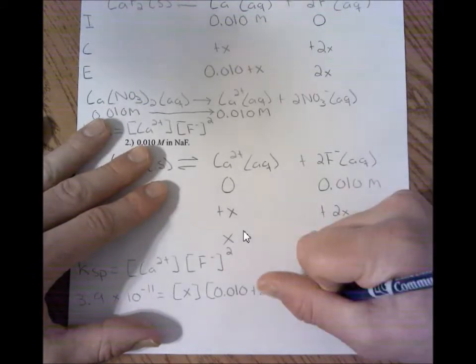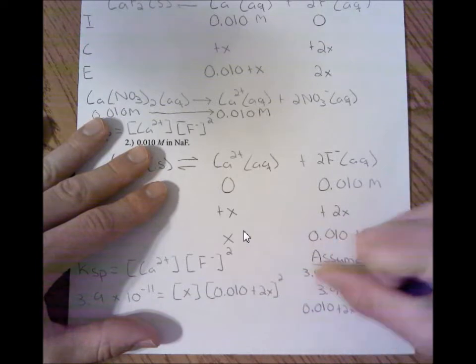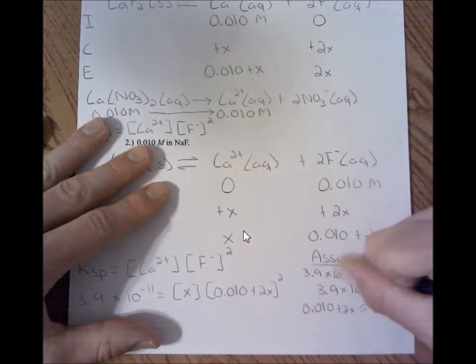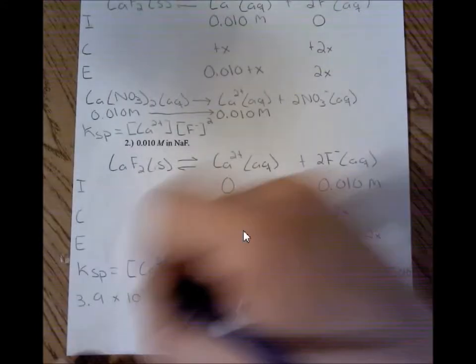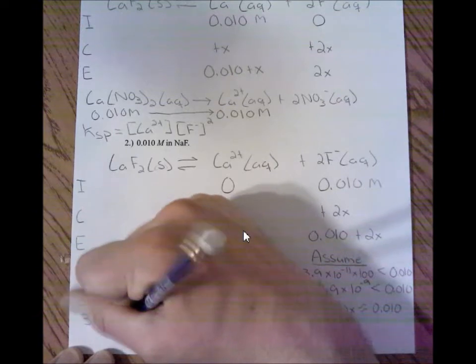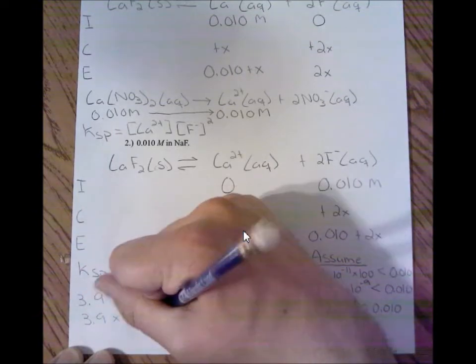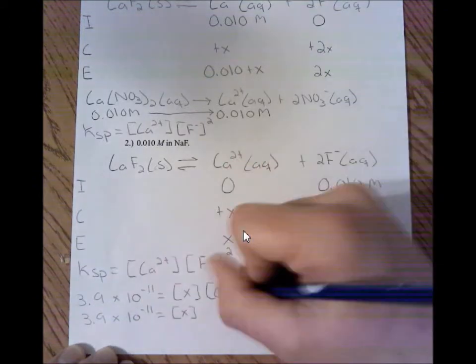So now what we have is 3.9 times 10 to the negative 11th equals x times 0.010, but we still need to square this. What I'm going to do is solve for x.